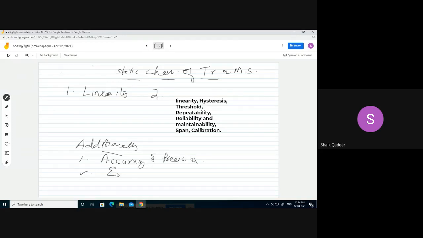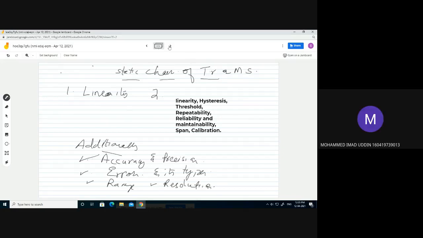Then types of errors and its types, then range, then resolution. So these many additional parameters also we will try to cover in our course, apart from the parameters mentioned in the syllabus. Hope it is clear to everybody.